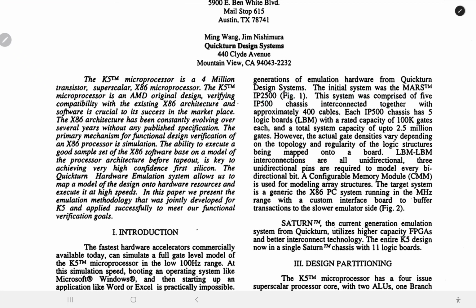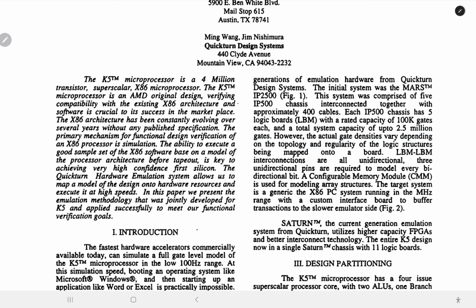The system comprised five IP500 chassis interconnected together with approximately 400 cables. Each IP500 chassis has 5 logic board modules (LBMs) with a rated capacity of 100K gates each, and a total system capacity of up to 2.5 million gates.